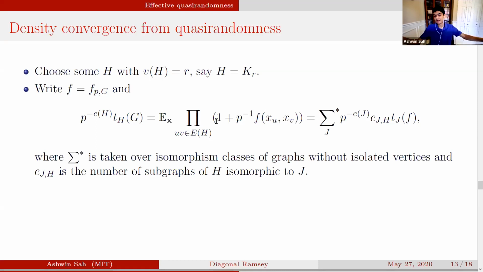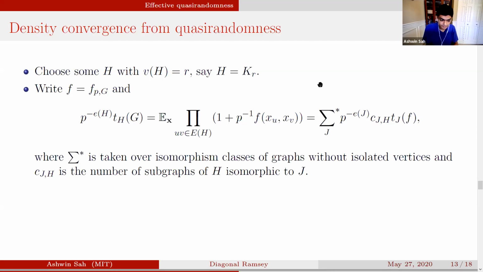Then when you expand it all out, you're going to get the expression P inverse times the K2 density of F. And you can imagine similar choices: say, choose 3 different copies of F, arranged in a triangle graph H, then I'll get a triangle density out, and so on and so forth.